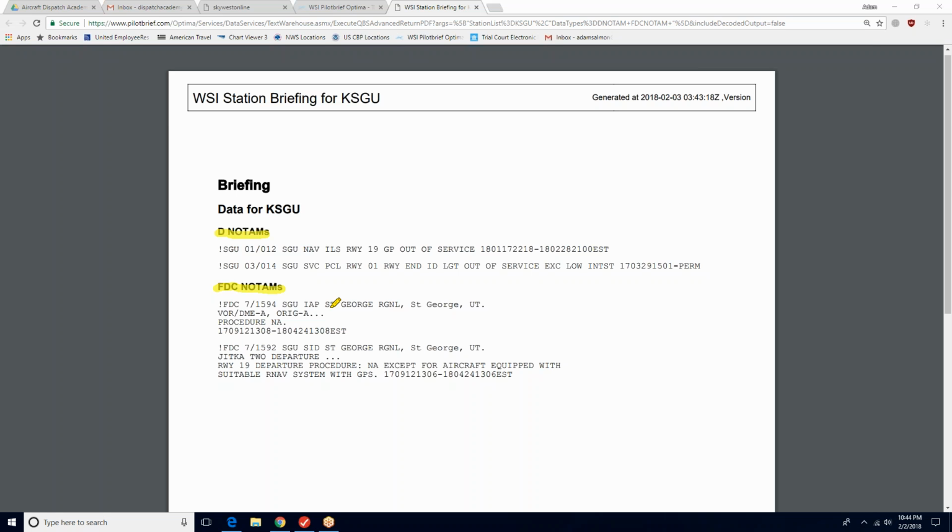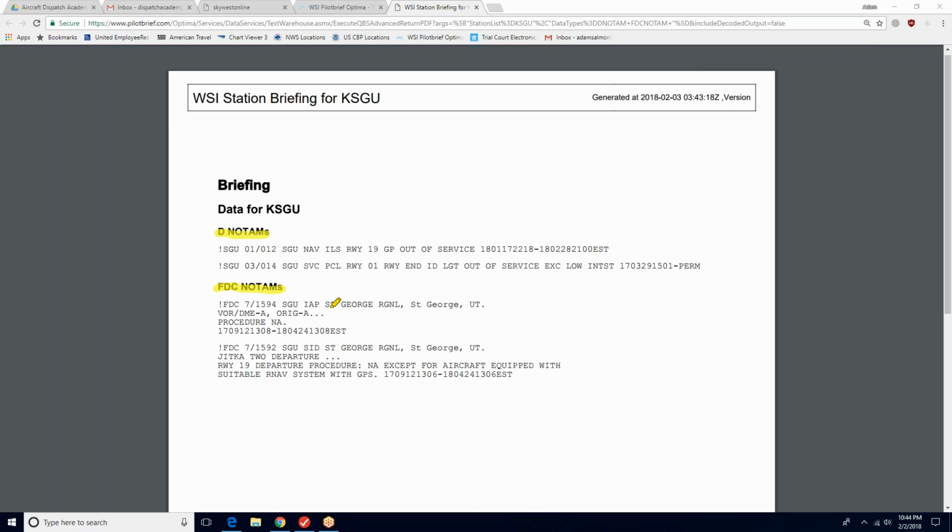Those of you that are studying for the ADX and things like that, you might see a reference in there to another type of NOTAM called local NOTAMs, but those have actually since been replaced, and they're all listed under D NOTAM. So just don't let that confuse you if you see that while studying. But basically, airports now issue only two different kinds of NOTAMs: D NOTAMs and FDC NOTAMs.